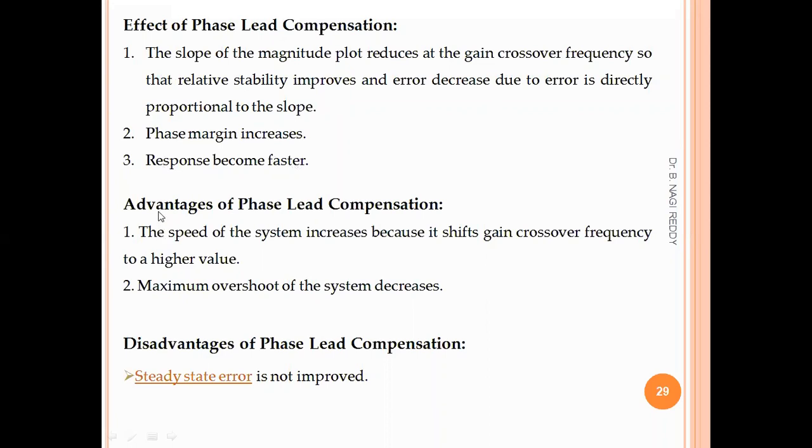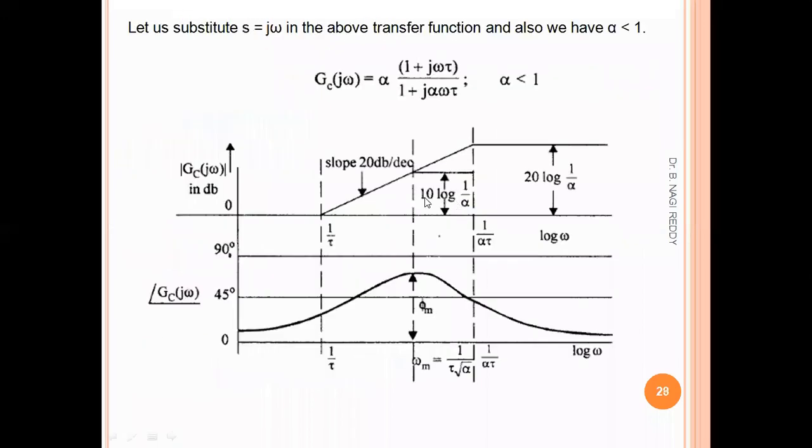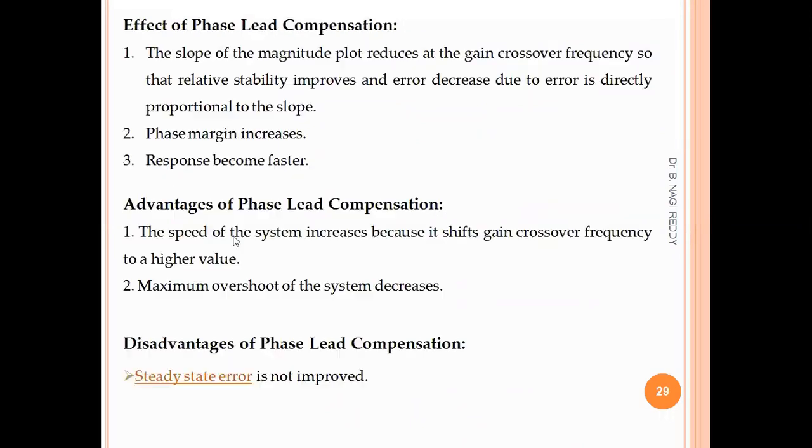Right? And coming to the advantages of the lead compensator, the speed of the system increases because it shifts the gain crossover frequency to a higher value. So when we draw the Bode plot, the gain crossover frequency will be shifted to a higher value by adding this compensator. If the gain crossover frequency becomes higher, then the speed of the system will increase.